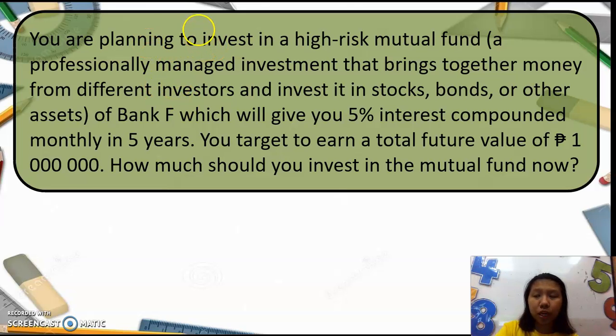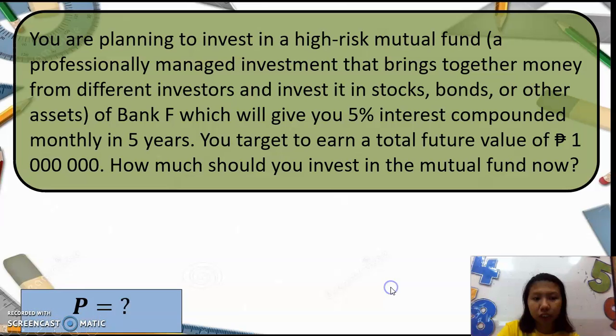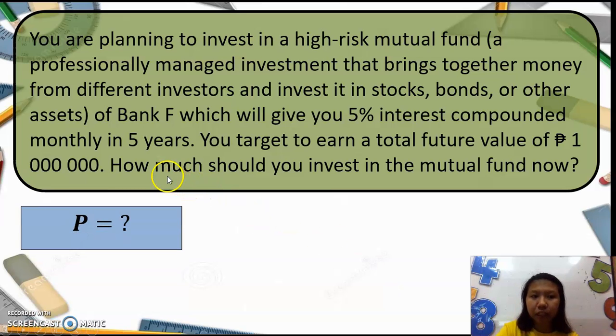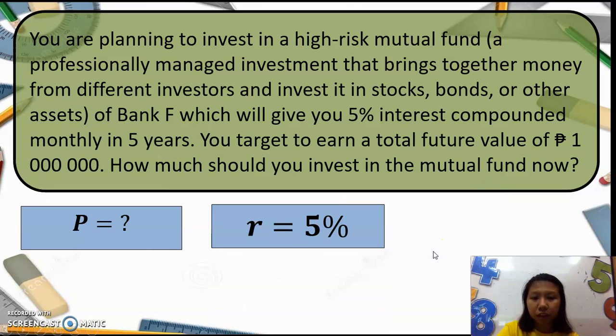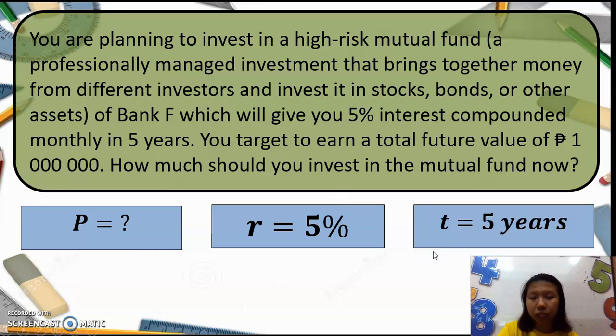When we analyze the problem, it says that you target to earn a total future value of 1 million pesos. So we have the given, which is the future value. And the question is, how much should you invest in the mutual fund now? So the missing value will be the principal amount.